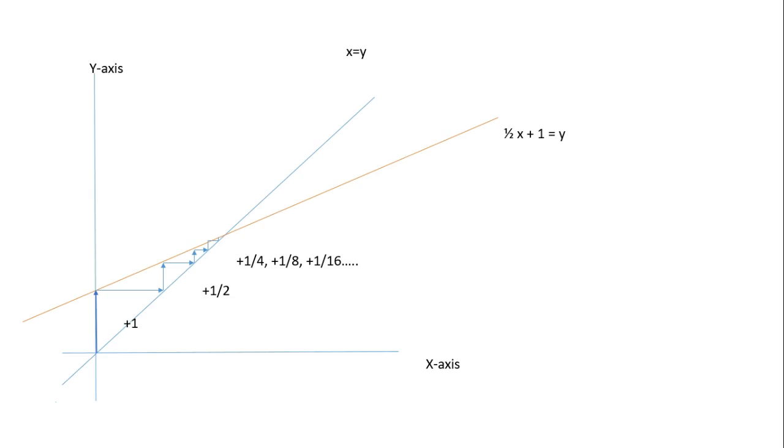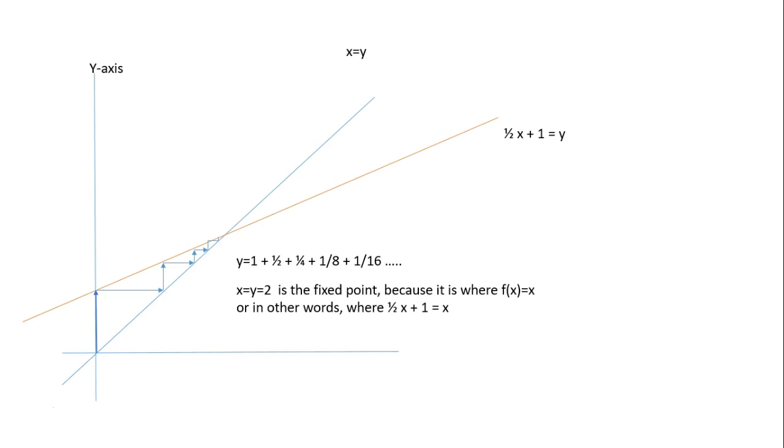That series converges to the fixed point. So we can say that 1 plus 1/2 plus 1/4 plus 1/8 plus 1/16 is equal to that point. And that point happens to be 2, because if x equals 2, then 1/2 x plus 1 equals itself.